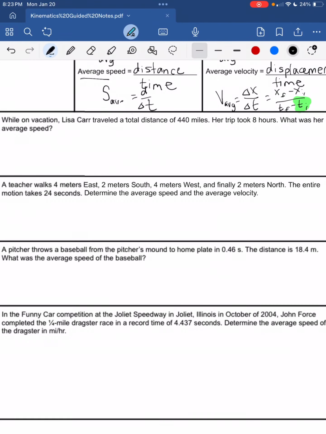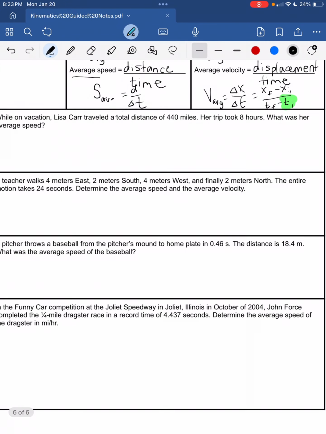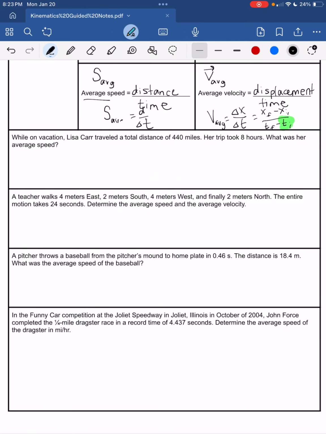All right, let's look at an example. While on vacation, Lisa Carr traveled a total distance of 440 miles. Her trip took 8 hours. What was her average speed? So speed average equals distance divided by the change in time. So how far did she travel? That's her distance. Let's highlight it in blue.